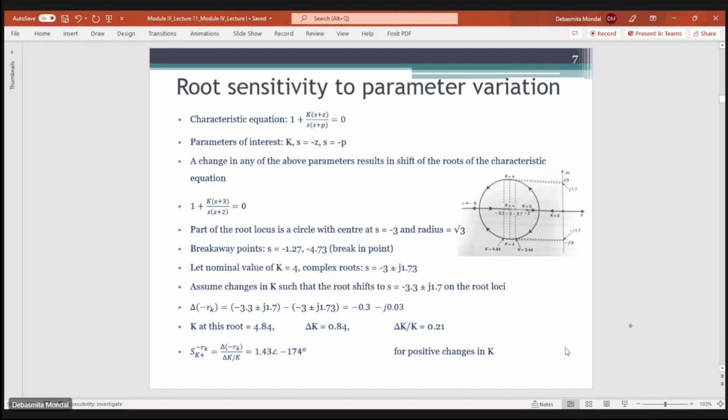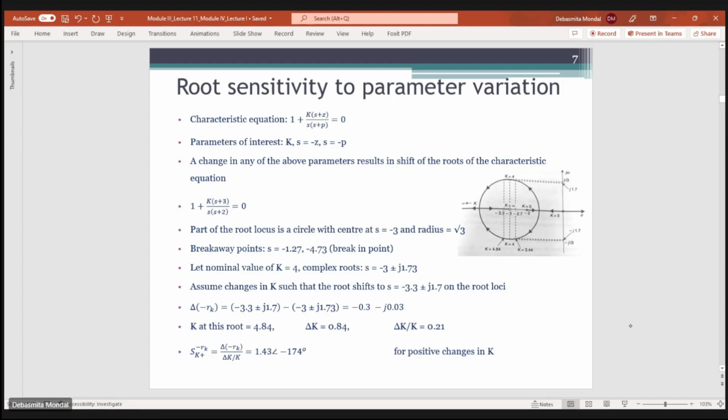If you change any of these three values, either k, minus z or minus p, that will result in a shift in the roots of the characteristic equation. The moment the characteristic equation changes, the roots of the equation will also shift.